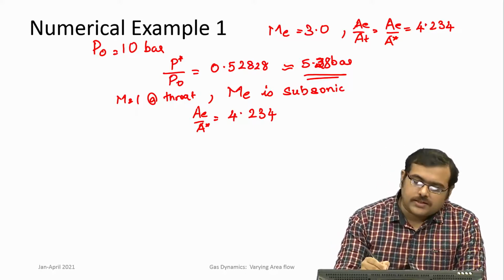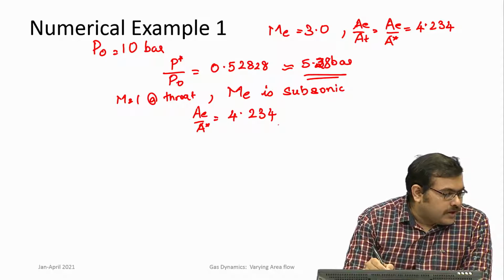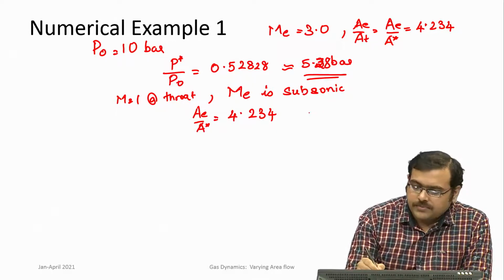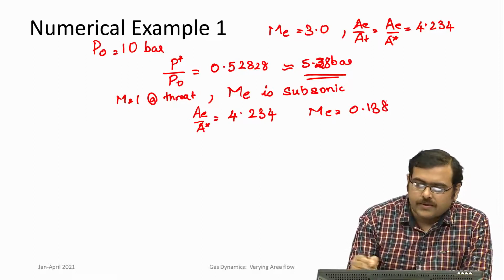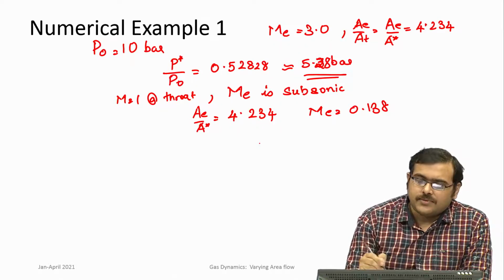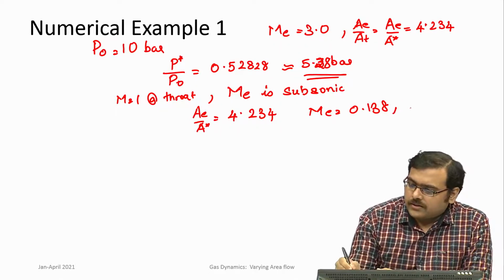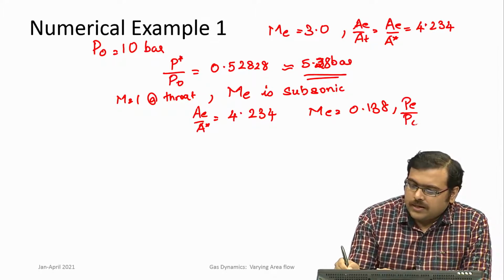So we look for the subsonic solution for this given AE by A star, and that corresponding subsonic value is 0.138.